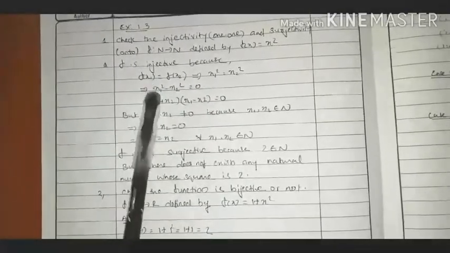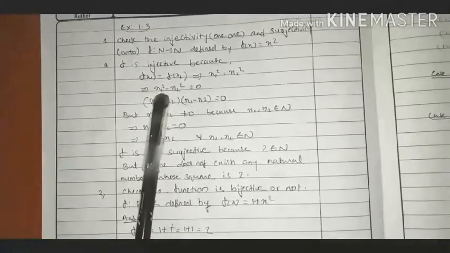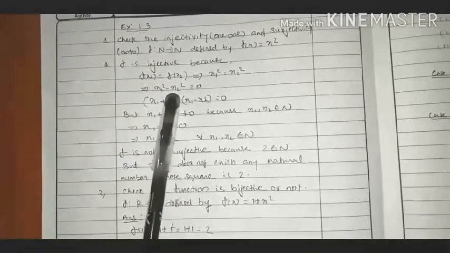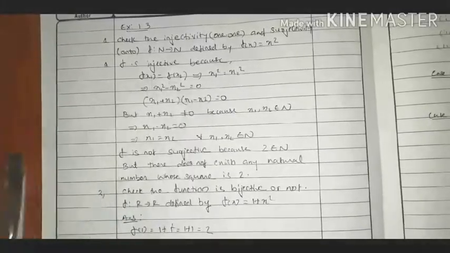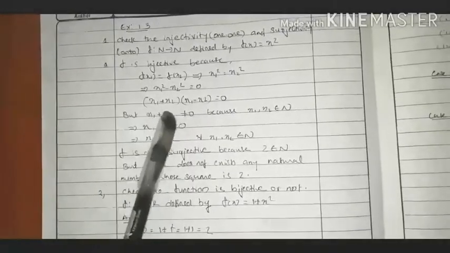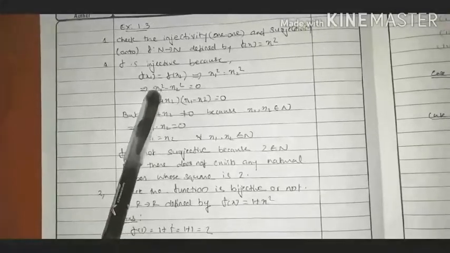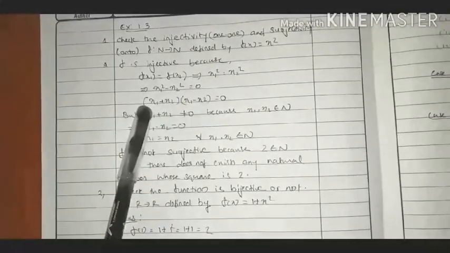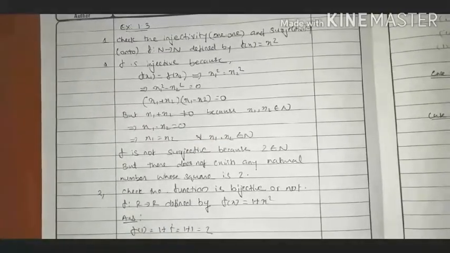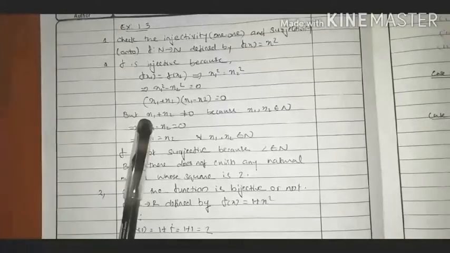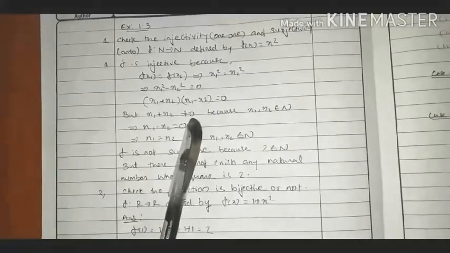We can also write x1 square minus x2 square equal to 0. Using the identity a square minus b square, we can write x1 plus x2 into x1 minus x2 equal to 0. But we can say x1 plus x2 is not equal to 0.